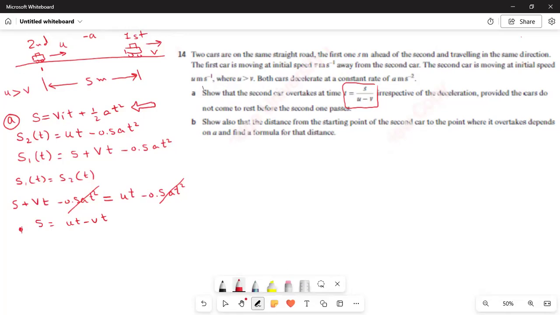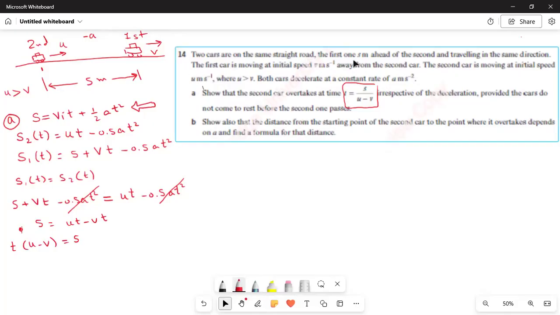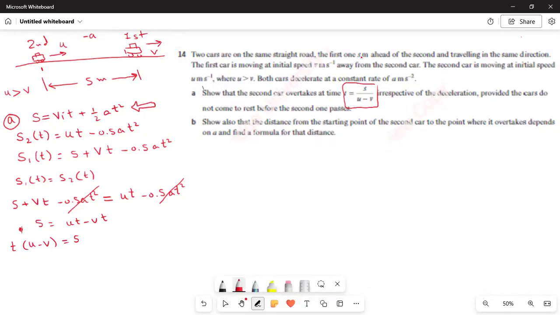Sorry, this is s, not 5. It looks like 5, but this is s. So if I take t common, it is going to be u minus v times t equals s.